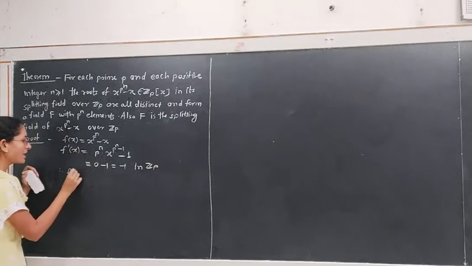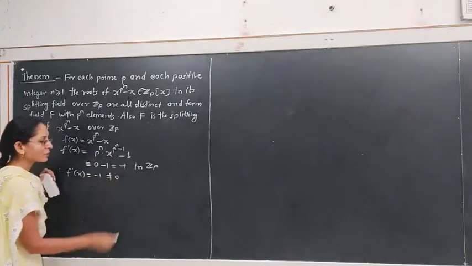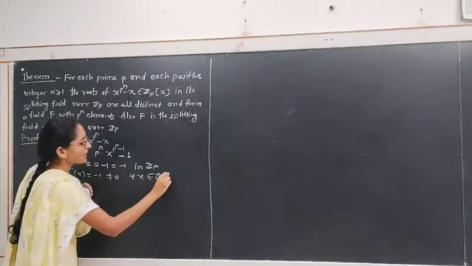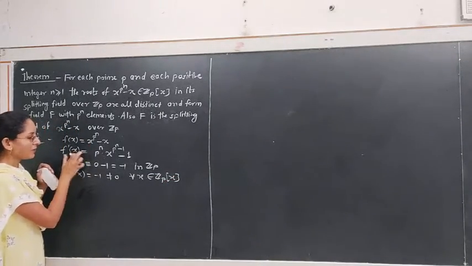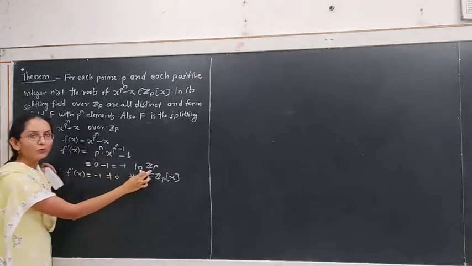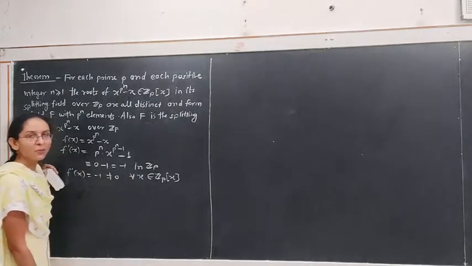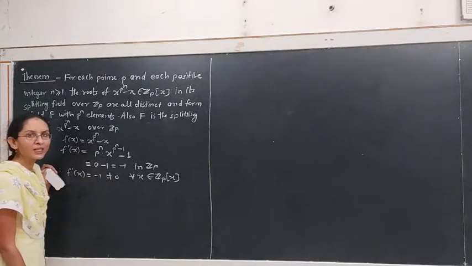Therefore, f dash x equals minus 1. This is not equal to 0 for all x belonging to Zp[x]. Right? The derivative of f is minus 1 over the field Zp, which is non-zero for all x. Hence, f(x) does not have a multiple root.